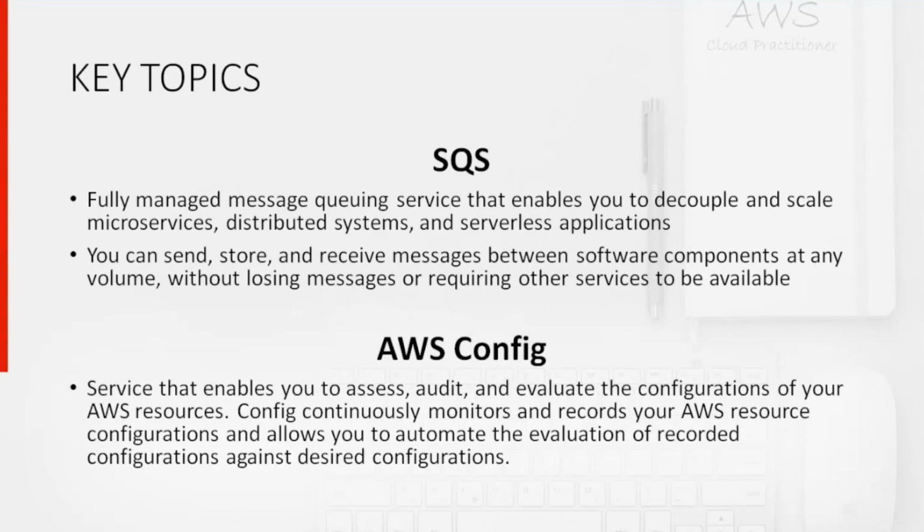AWS Config. Service that enables you to assess, audit, and evaluate the configurations of your AWS resources. Config continuously monitors and records your AWS resource configurations and allows you to automate the evaluation of recorded configurations against desired configurations.